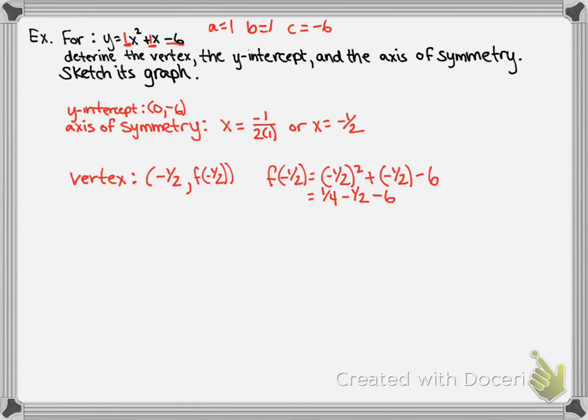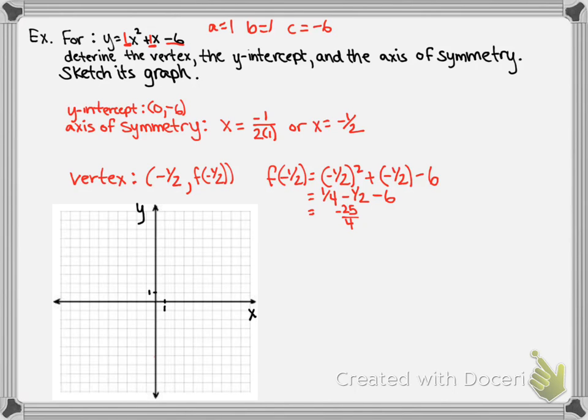I like to continue using fractions, but it's okay if you put it into your calculator and use decimals. So here, 1/4 minus 1/2 minus 6 ends up being negative 25 over 4. So our vertex is (negative 1/2, negative 25 over 4).